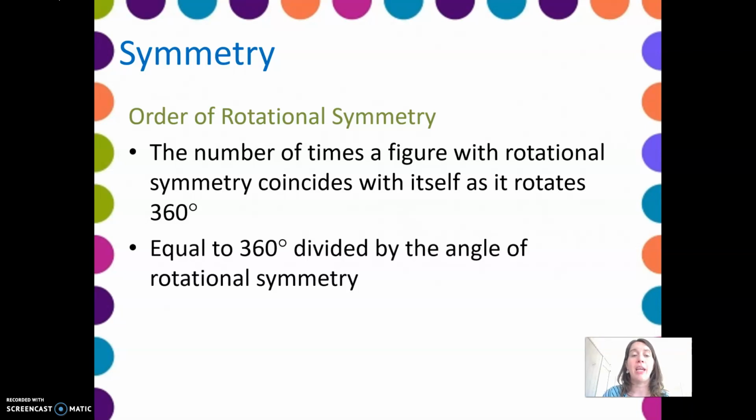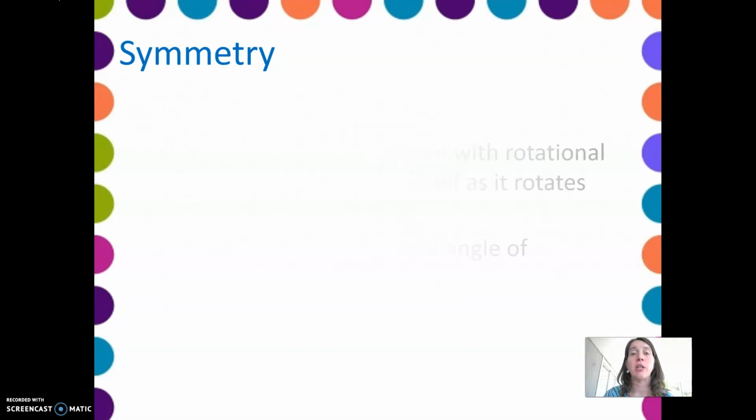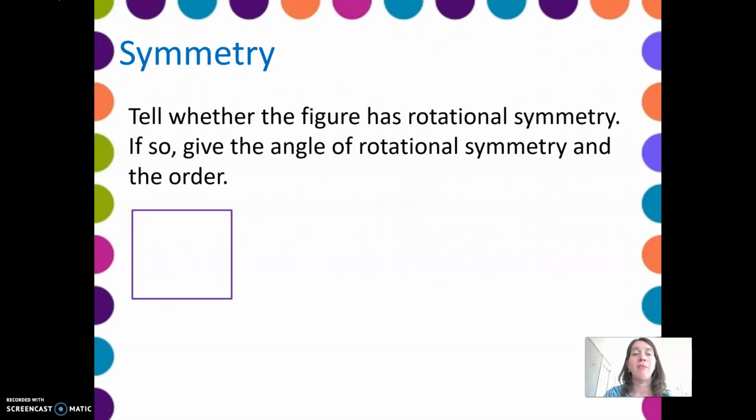To find the order, very similar to how we just found the angle, you would take 360 degrees and divide it by the angle of rotation. To find the angle, we divide by the rotations or the order. Now to find the order, you take 360 and divide by the angle that you have in your picture. So let's work through a couple different examples together.